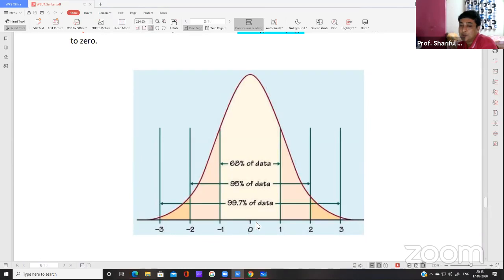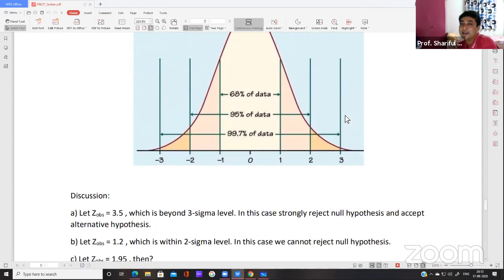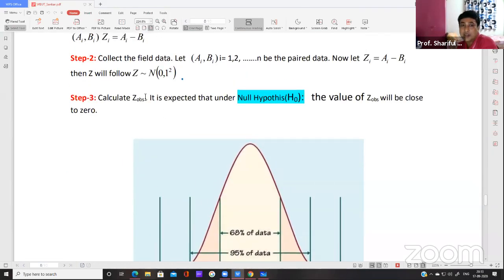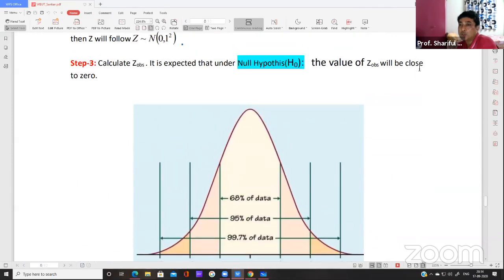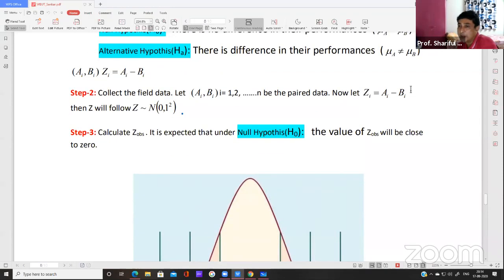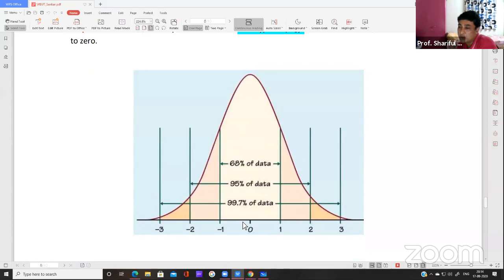Now, instead of 0, it can be 1, it can be minus 0.5, it can be -1. But if this observation comes like 3.5, it is very unlikely, because under the null hypothesis, if there is no difference, obviously on average the value of Z observed will be very close to 0.